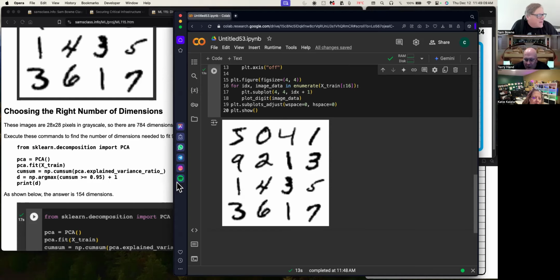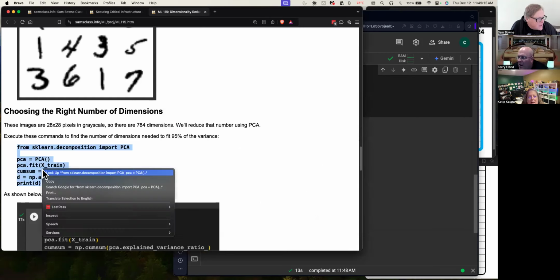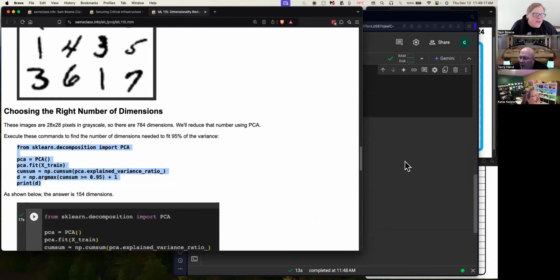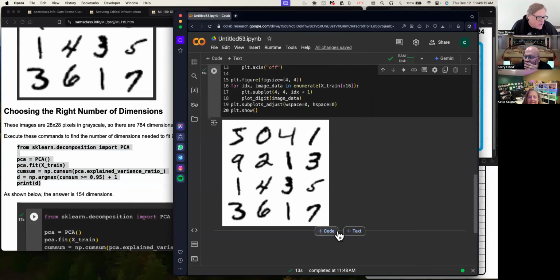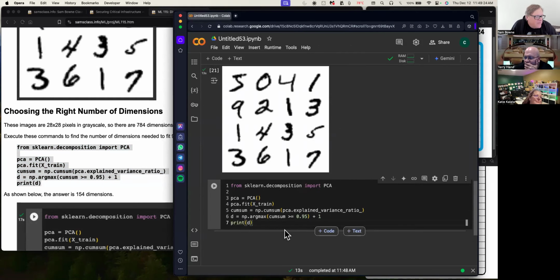There's going to be some trend, and you find the hyperplane that passes through them to capture the most variation. And that's what principal component analysis does. It says out of those 784 parameters, how many of them are actually needed to explain the variation in these images? And so here, I'm going to find out how many parameters I would need to capture 95% of the variance.